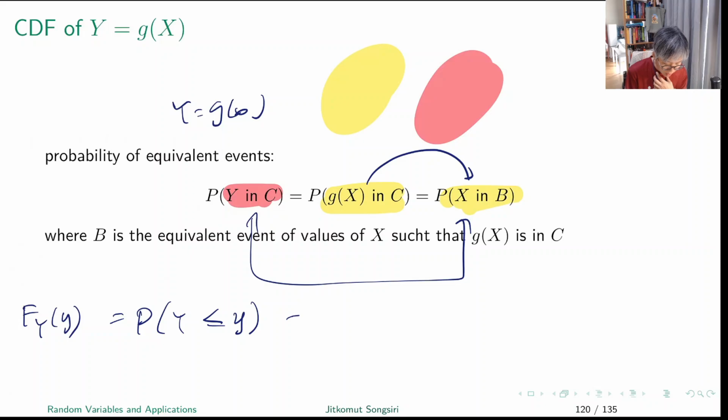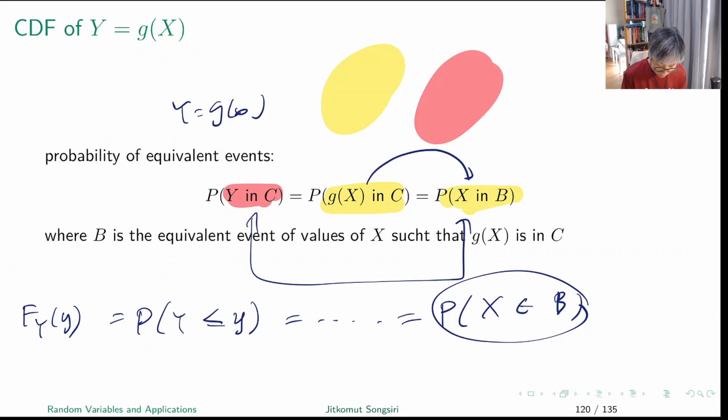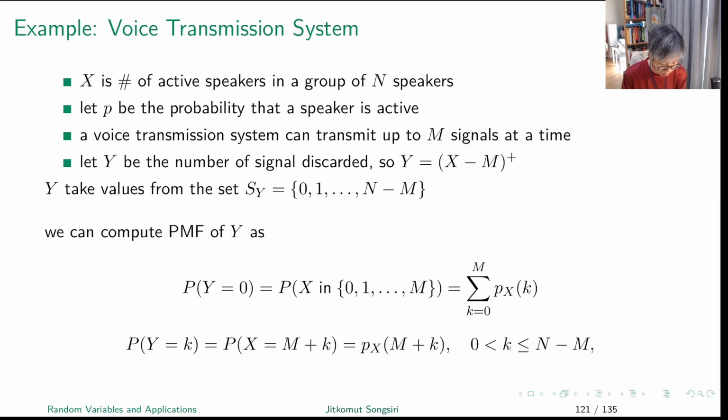Then, using information about the nonlinear transformation g, we're going to derive that this event is equivalent to x lying in some set B. Once we get that, we can write this as some CDF of x. It's going to be much clearer if we explain this on a simple example.